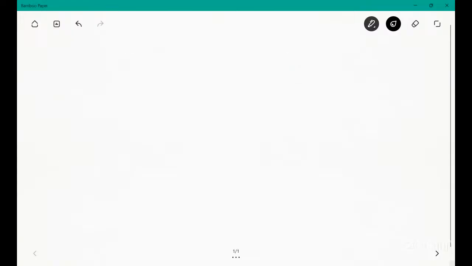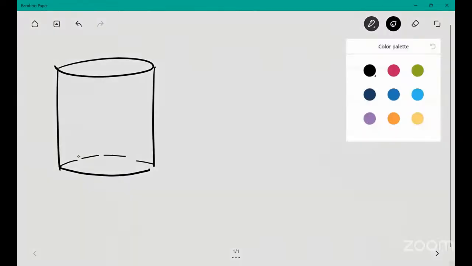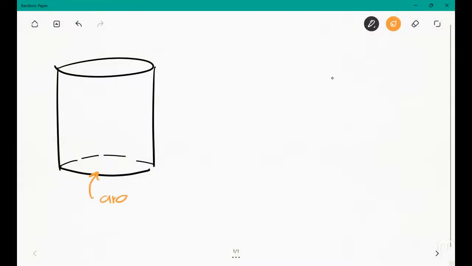So the volume of a cylinder. If you have a cylinder, the volume is usually centimeter cube or meter cube, kilometer cube, whatever. It's going to be cube. Usually in volumes, mostly it's cross section, and a height is h.